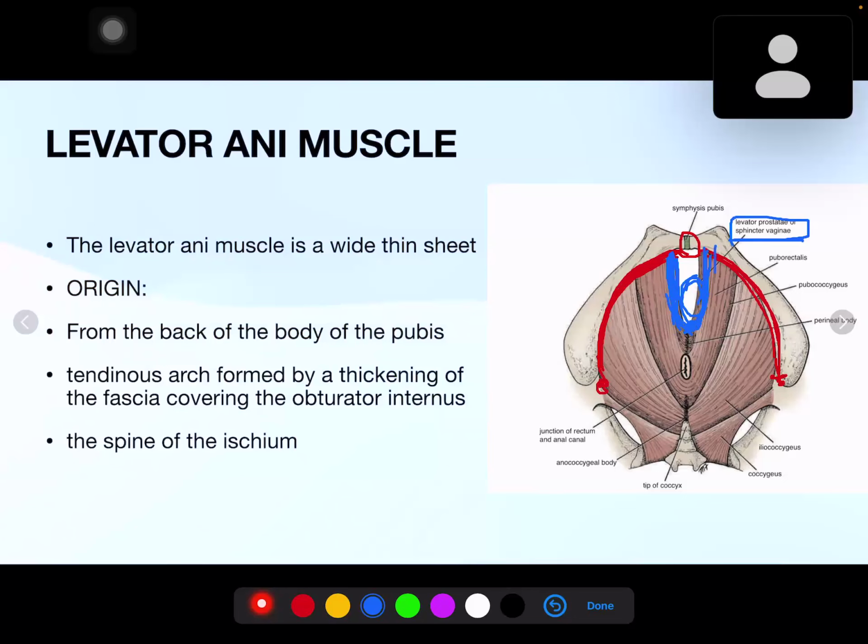Okay, now you can say middle or intermediate fibers. Now they would be arising from this pubic bone, and they surround this anal canal. See, this is the anal canal, and they surround the anal canal, and they go to this anococcygeal body. If you see this diagram, this is the anococcygeal body. Okay, so they go like this, and they form a sling-like action.